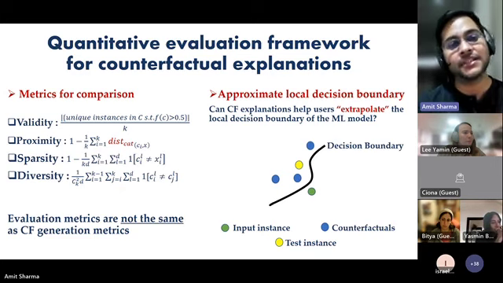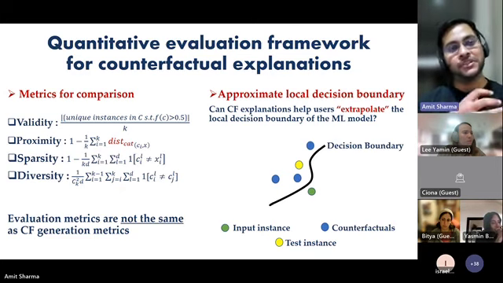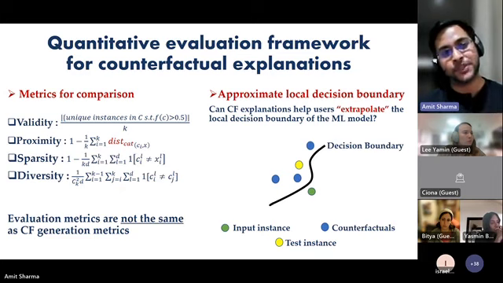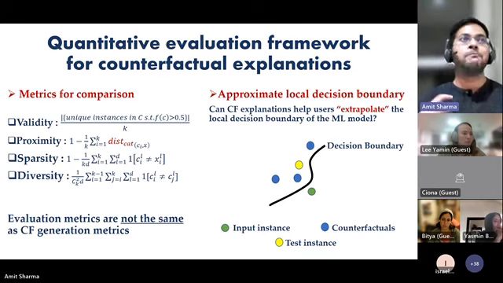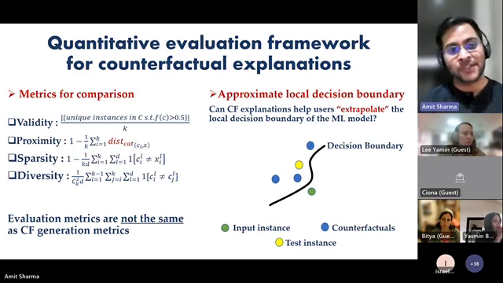The reason is that the real goal of any explanation method is to make the end user understand the model better, right? But the moment you say understand the model better, people disagree on what exactly that means.